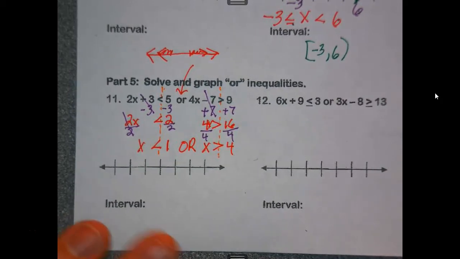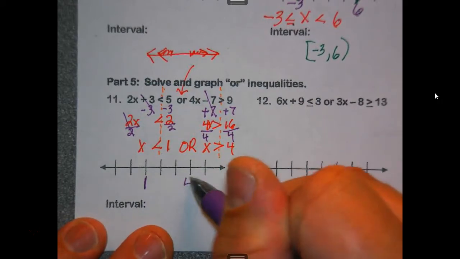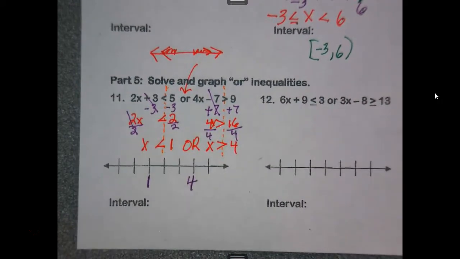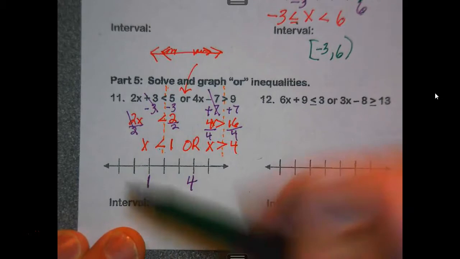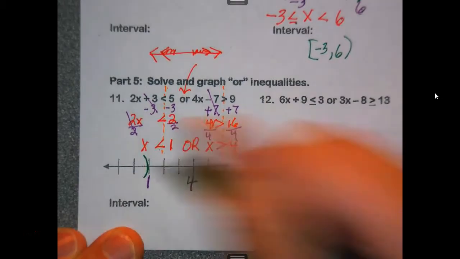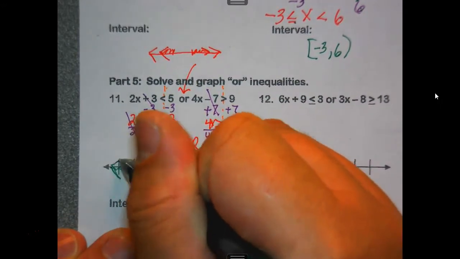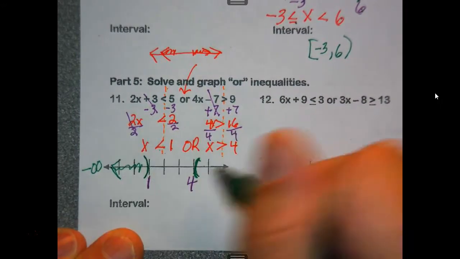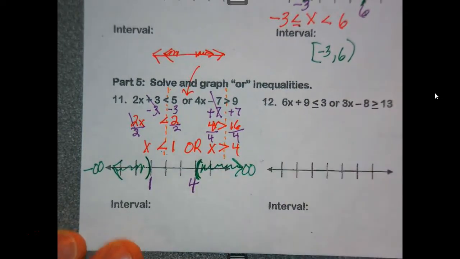problem. Put my numbers here. Let's see, small number on the left-hand side, large number on the right-hand side. Both of them have parentheses, right? This one's going to go to negative infinity, and this one's going to go to positive. Again, you don't have to put the infinity signs on the graph.